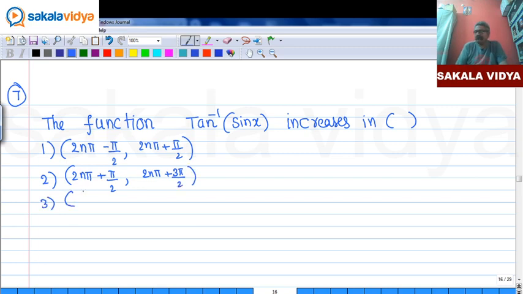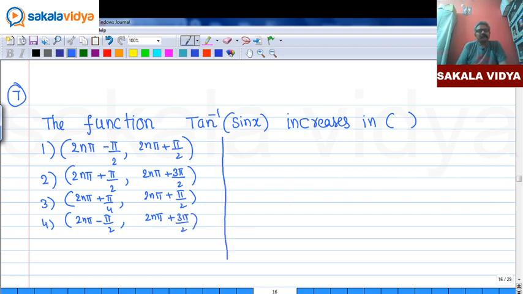Third option, 2n pi plus pi by 4 comma 2n pi plus pi by 2. Fourth option, 2n pi minus pi by 2 comma 2n pi plus 3 pi by 2. Here all n belongs to Z only.